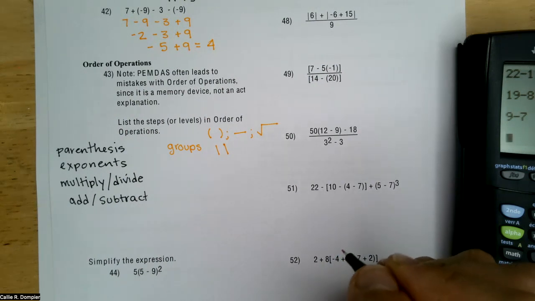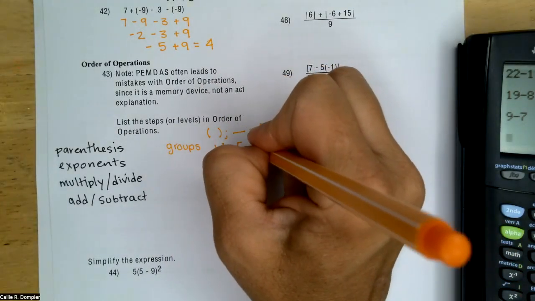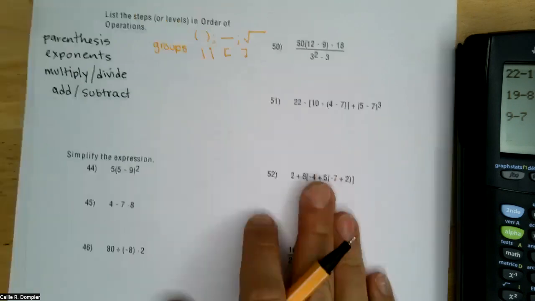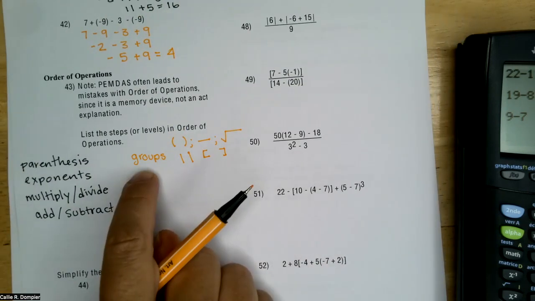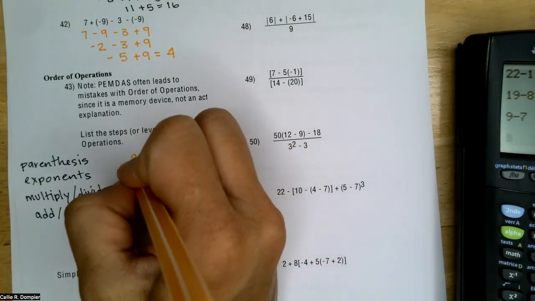Things like that. I can't think of any other ones, but those are some groups, okay? It also includes brackets, if you have a super number of parentheses like down here. That's a grouping symbol, but that's also a grouping symbol, okay? So GEDMAS is just groups followed by exponents.